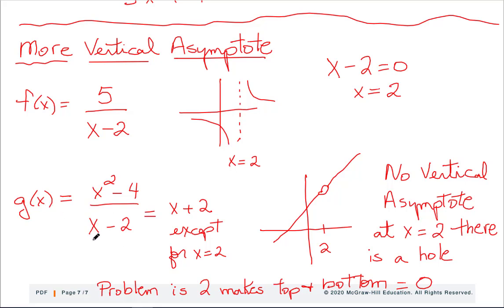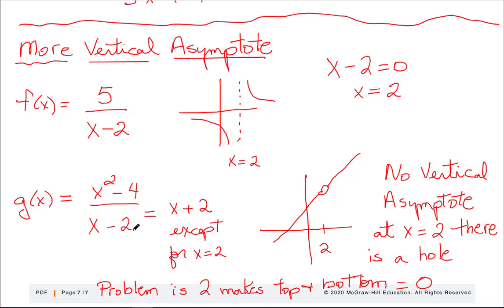Here on g, I do have a variable in the denominator, and you might think it's going to have a vertical asymptote at 2. But the problem is 2, while it does make the bottom 0, it also makes the top 0. So they're both 0 at the same time.